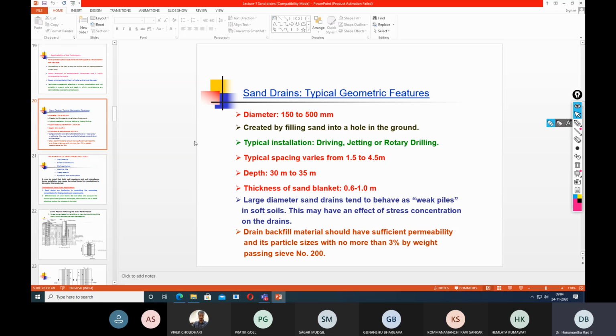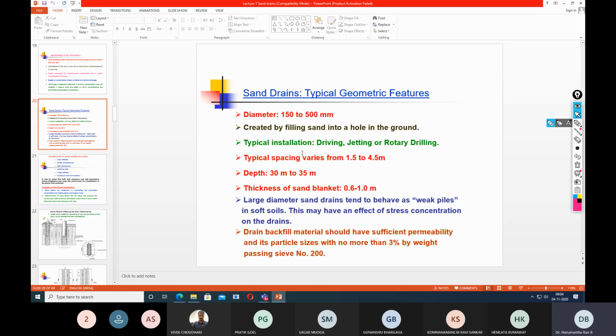In the previous class, we were discussing the sand drain technology. This is one of the ground improvement techniques, especially for clay soil. These are some typical features of the sand drain technology. The diameter varies from 150 to 500 millimeter. The sand drain is created by making a hole in the ground and filling it with sand.